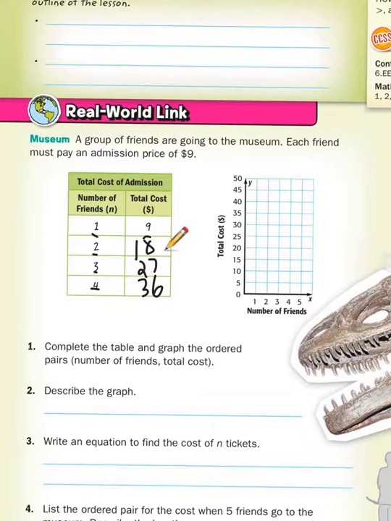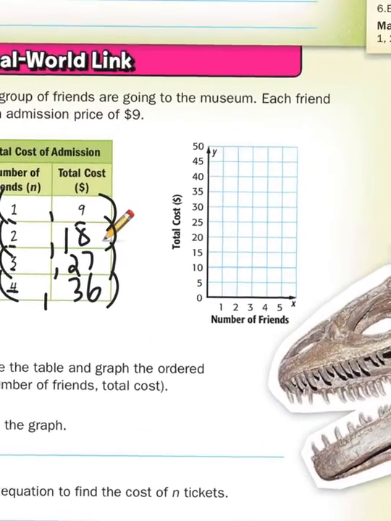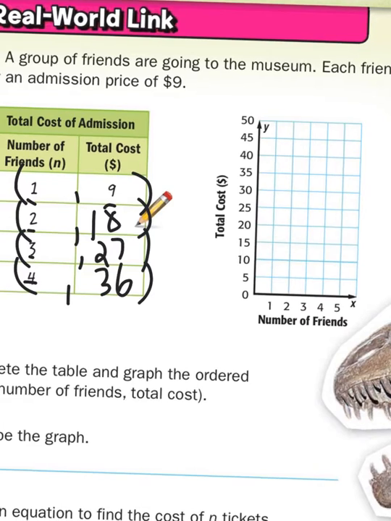Now to graph that, you just have to treat these like ordered pairs: 1 comma 9, 2 comma 18, 3 comma 27, and 4 comma 36, which I will do to the right. Let me just make this a little bigger so you can see it here.